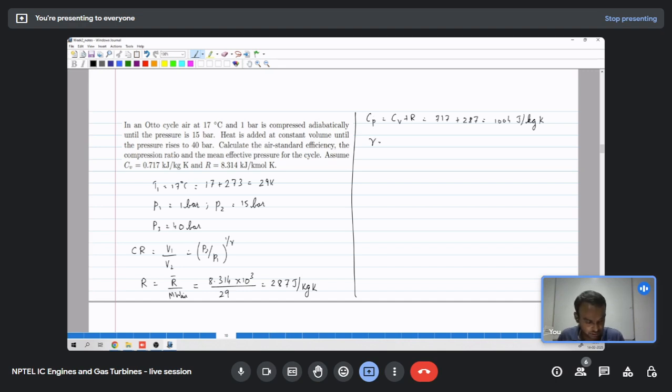Now gamma is Cp by Cv, which is 1004 divided by Cv, 717, which is 1.4003. So we approximate it to 1.4.